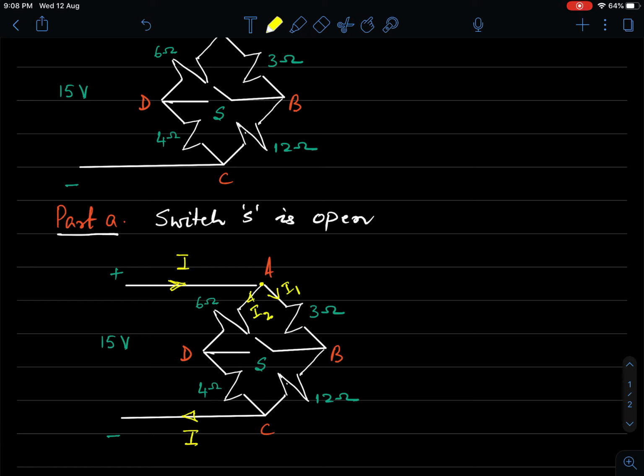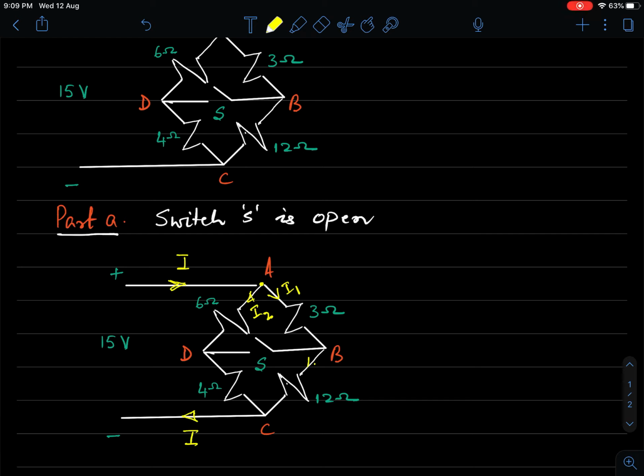The current I1 when it comes to B has to go via 12 ohm up to C, because between B and D, though there is a switch, the switch is open and current doesn't flow in an open path. So current I1 traverses via 12 ohms.